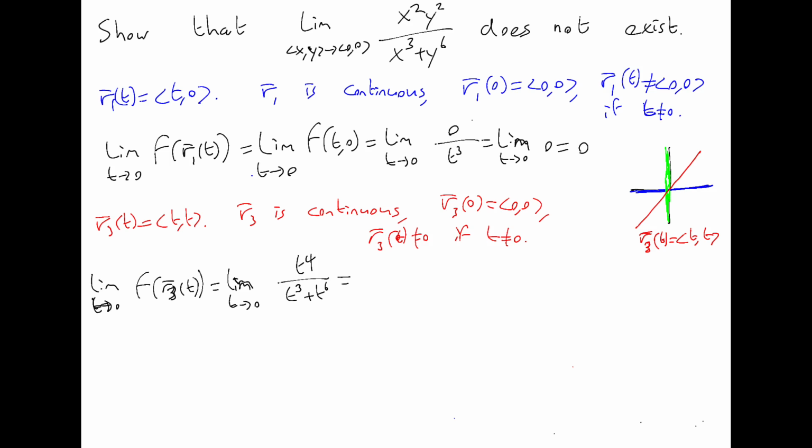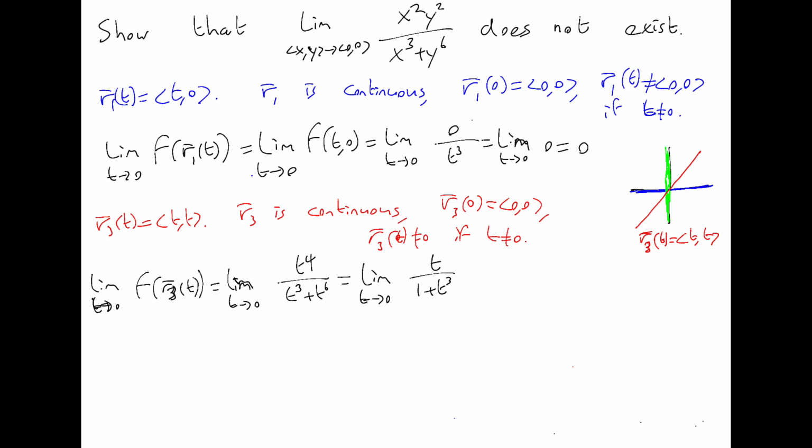Well, we can see that there's a common factor t to the 3rd in both the numerator and the denominator. So I can cancel those, because when taking the limit for t to 0, t is never 0. So I can take out a factor t to the 3rd over t to the 3rd, and that is equal to 1. So then we get t over 1 plus t to the 3rd.